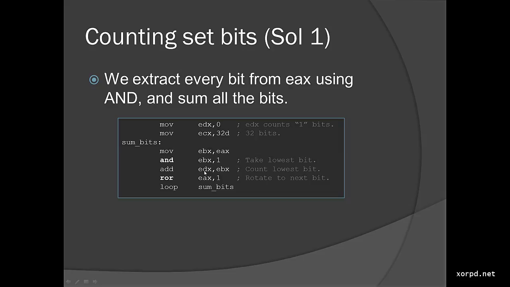EDX will remain unchanged. Finally, we rotate right EAX to make sure that in the next iteration of the loop, we deal with the next bit in EAX. So this loop is going to sum all the bits inside EAX, which means that it will actually count the number of 1 bits in the number.